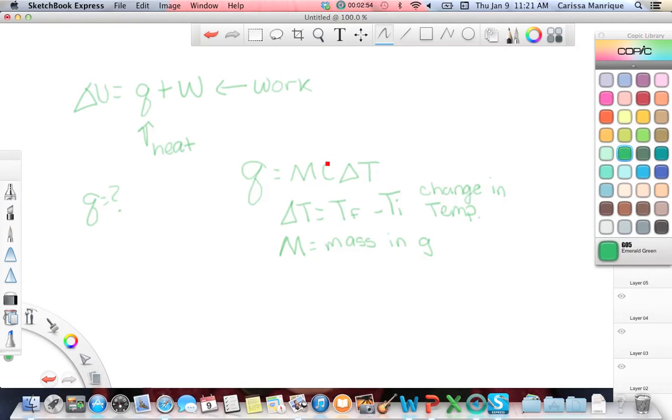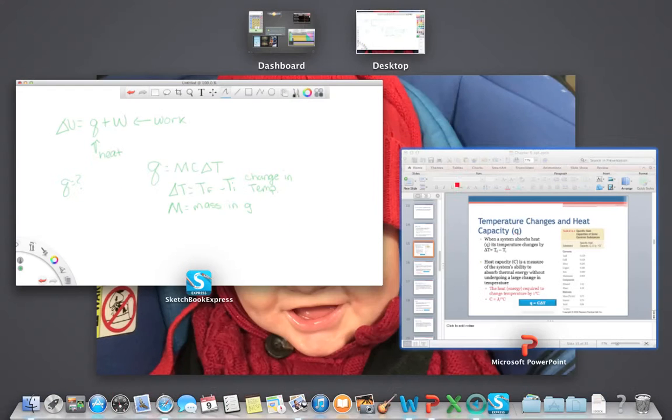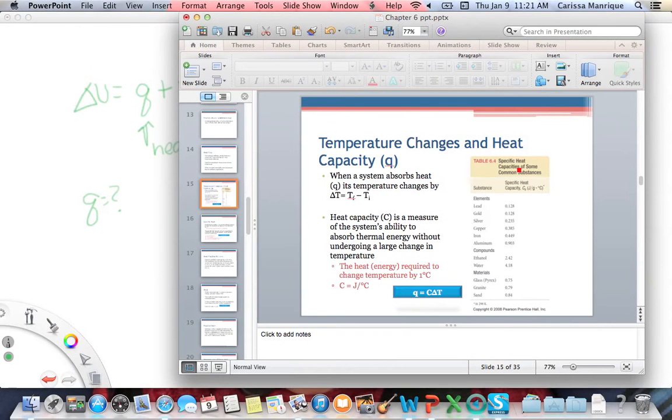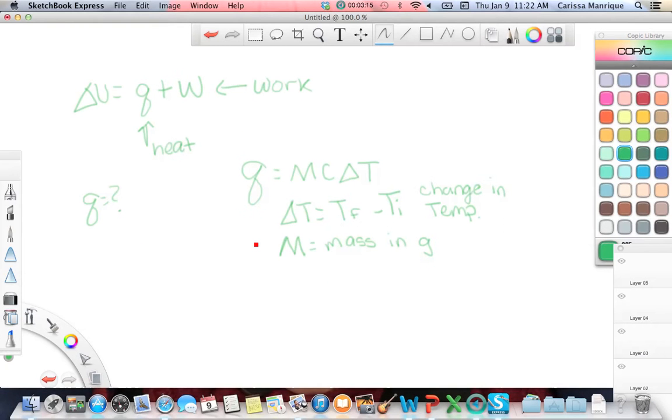C is called specific heat or specific energy. Sometimes it's called heat capacity. Basically, this is the energy required to heat up 1 gram of a substance.